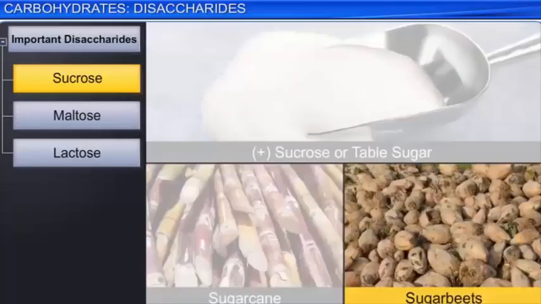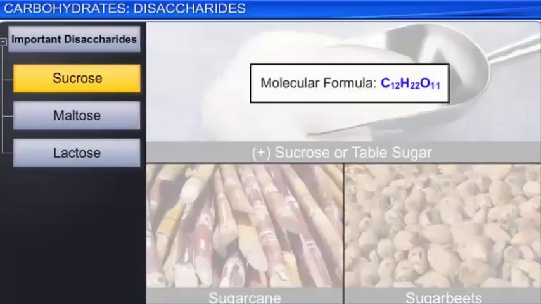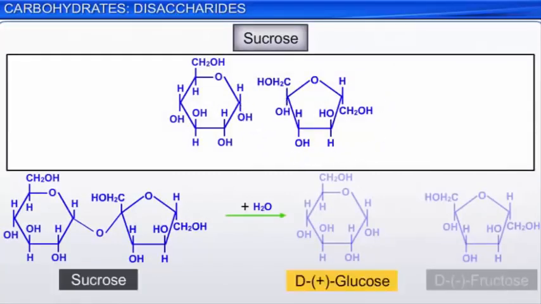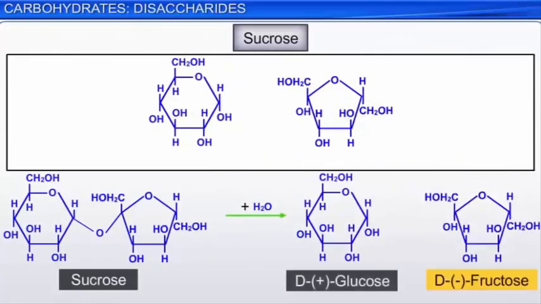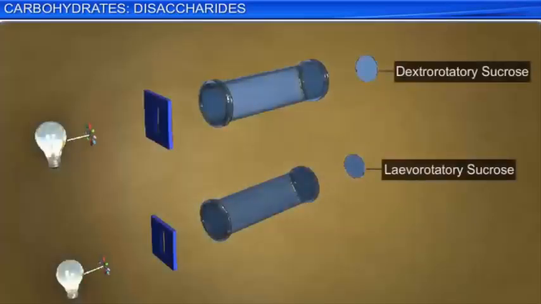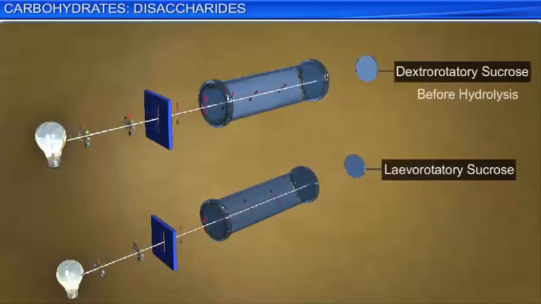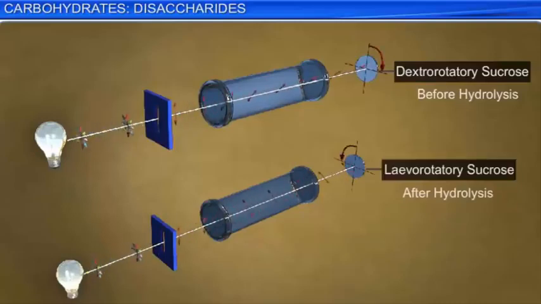It has the molecular formula C12H22O11. The hydrolysis of sucrose yields an equimolecular mixture of D-(+)-glucose and D-(−)-fructose. Solutions of sucrose are dextrorotatory, but when sucrose is hydrolyzed, it becomes levorotatory. There is an explanation for this anomaly.